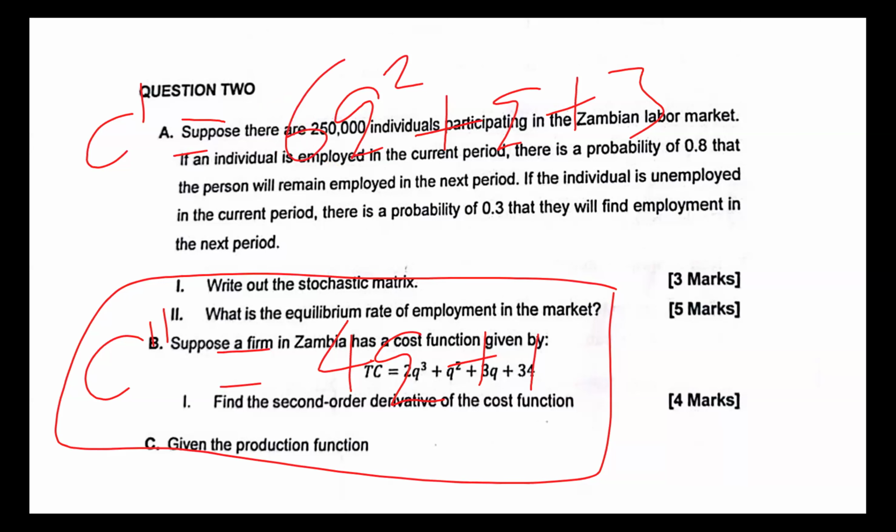So this one will be 12. Then 2 what? Q. This is 12Q plus 1. So it will be 2 like this.